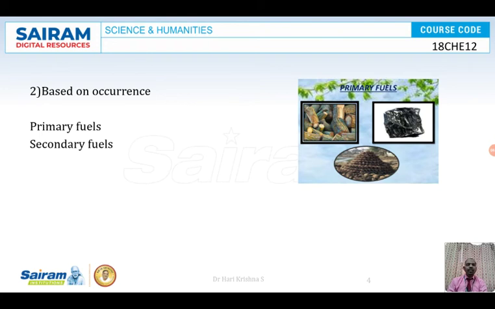This solid material can be used as a fuel. Where is it used as a fuel? In steam engines, and in thermal power plants to get electricity. Wood, you know where it is used. Coal was used in steam engines, and now it is used in thermal power plants. These are your primary fuels.